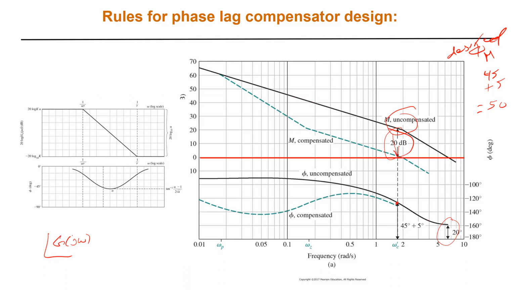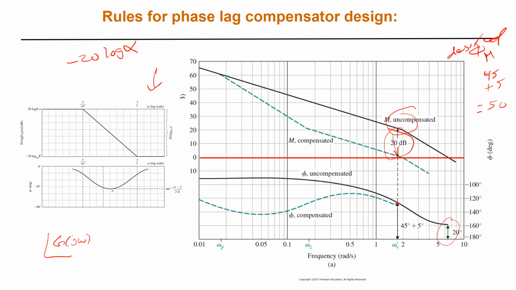So what we will do is take this 20 dB, remember the magnitude here is minus 20 log alpha. So from here I can determine alpha, which will have the effect of minus 20 dB.